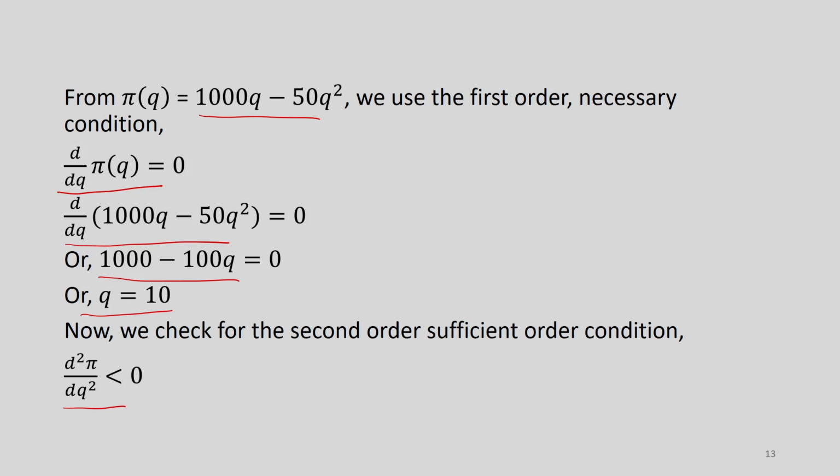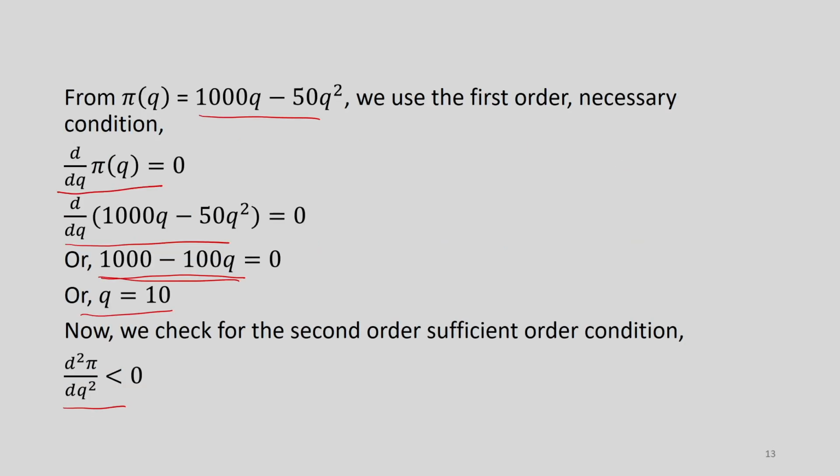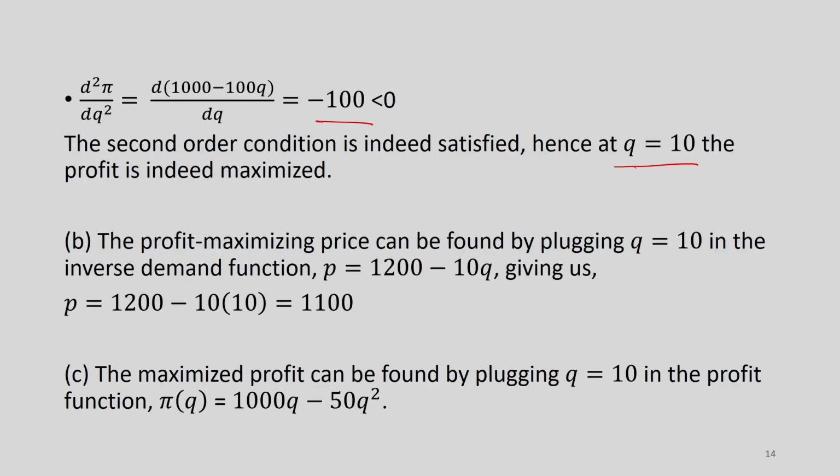Here actually it is negative because this is the first derivative, and if you take the second derivative, you just get minus 100, which is negative. So, the second order condition is indeed satisfied, hence Q is equal to 10. So, that is what we got from the first order condition, Q is equal to 10, is the level of output where profit is maximized.